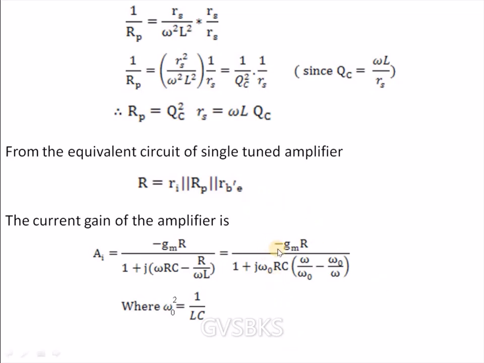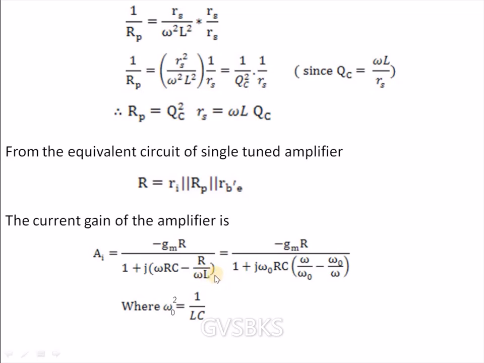By considering that, the equation can be written as, if you take omega naught Rc as common in this equation, this becomes minus Gm R by 1 plus j omega naught Rc into omega by omega naught minus omega naught by omega, where omega naught square is equal to 1 by LC.